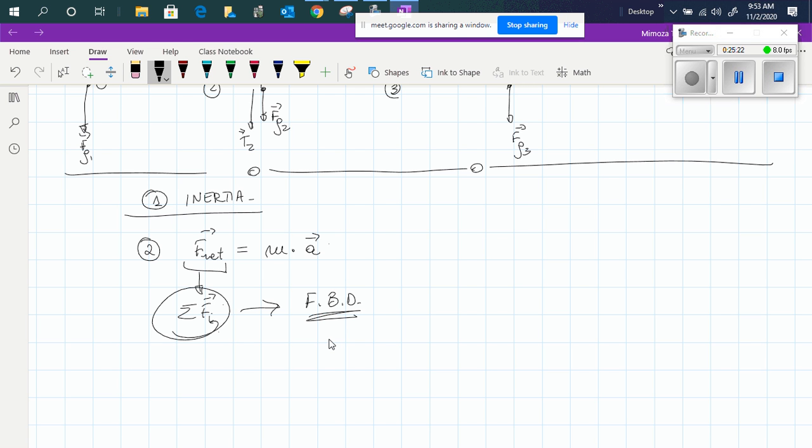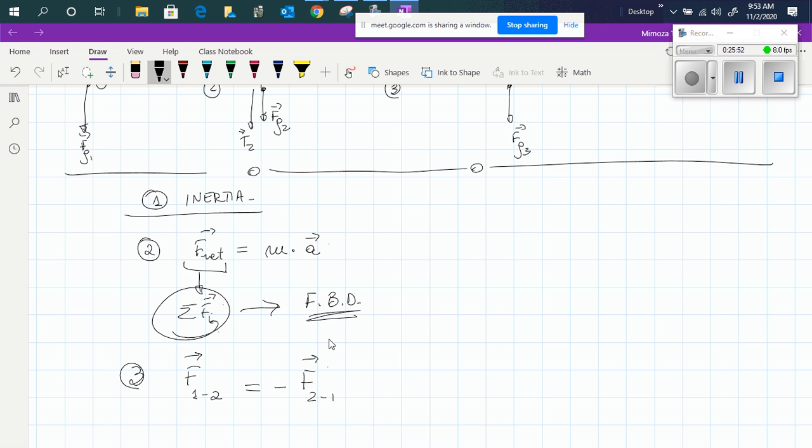The third law is known as the action-reaction law. If we have two objects that are interacting with each other, let's say two objects with force of gravity, then the force that object 1 is experiencing as a result of object 2 is equal in magnitude but opposite in direction to the force that object 2 is exerting on object 1.